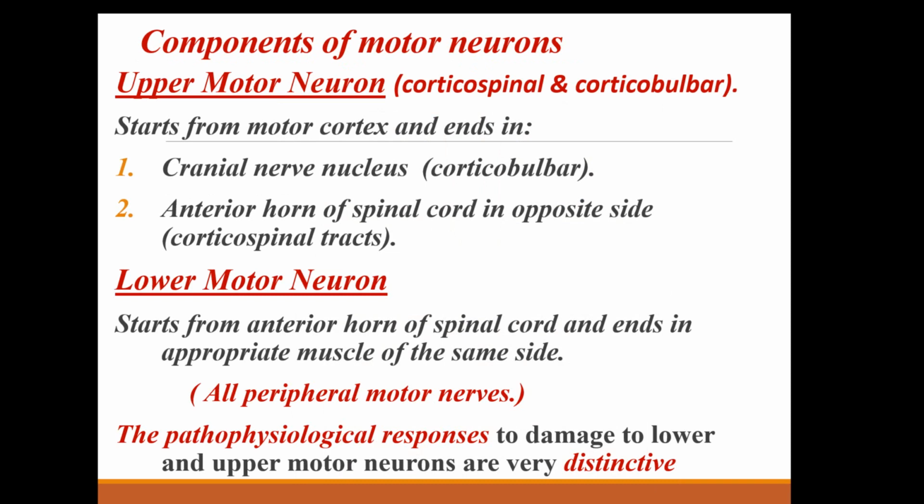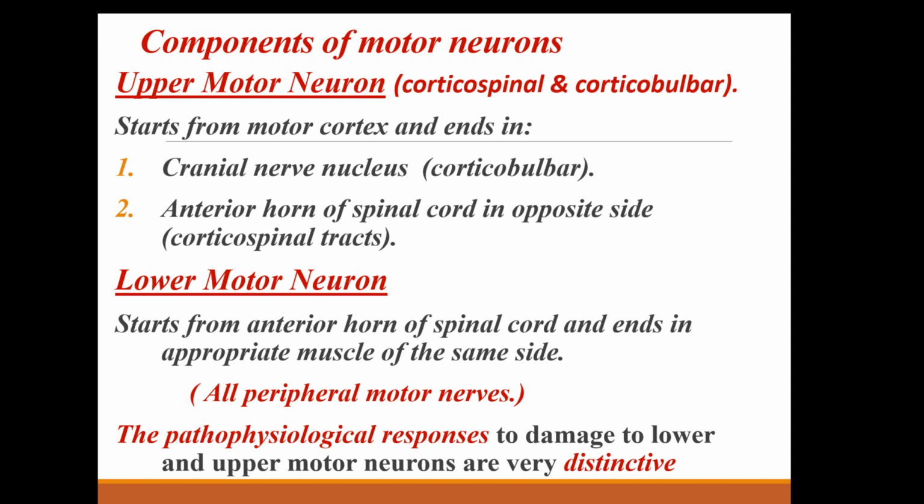Now, what are the components of motor neurons? There are upper motor neurons and there are lower motor neurons. Upper motor neurons are the corticospinal and corticobulbar, starting from the motor cortex.